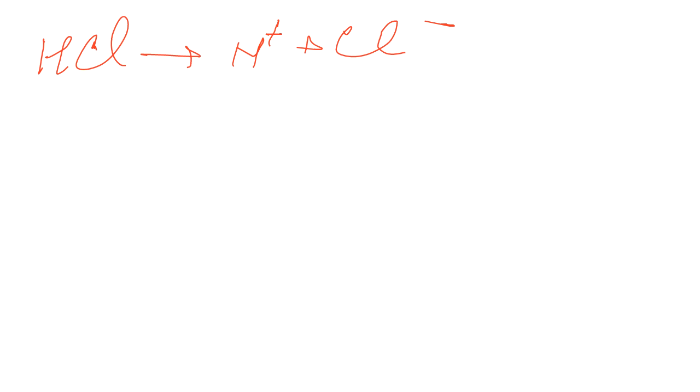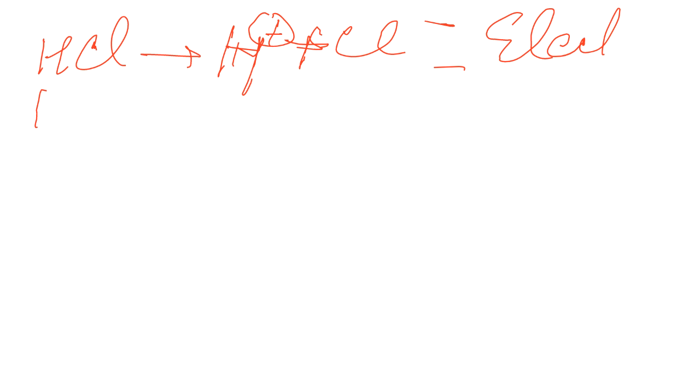So here, strong electrolyte, suppose we have a strong acid. It has 100% dissociation into ions, H plus and Cl minus, right? Because of these ions, H plus and Cl minus, you will get an electrolyte. In the weak acid, H2CO3, this is an example, you will get H plus plus CO3 2 minus.